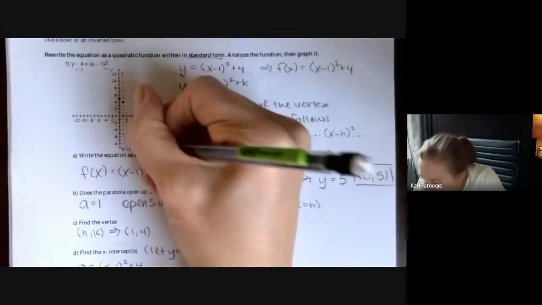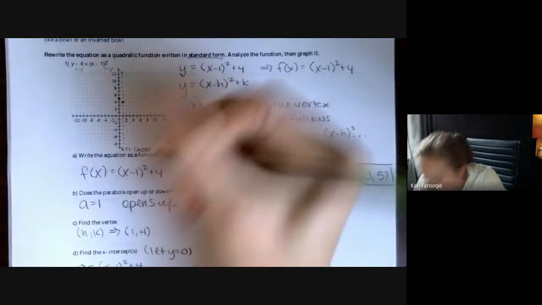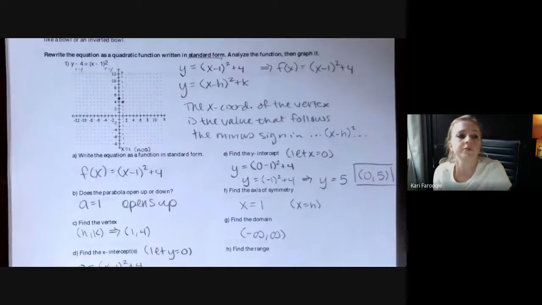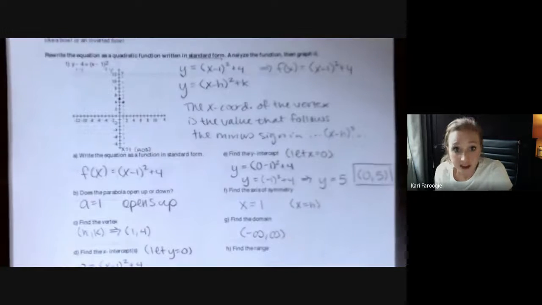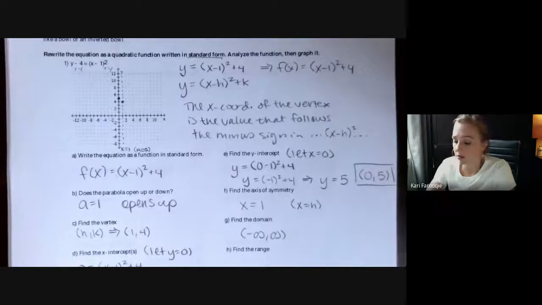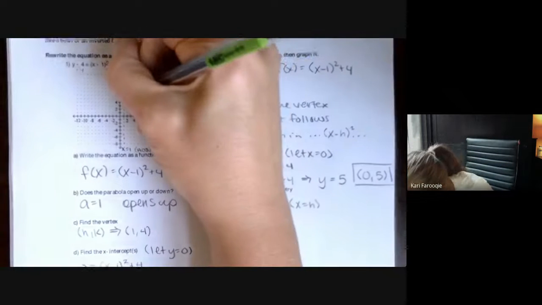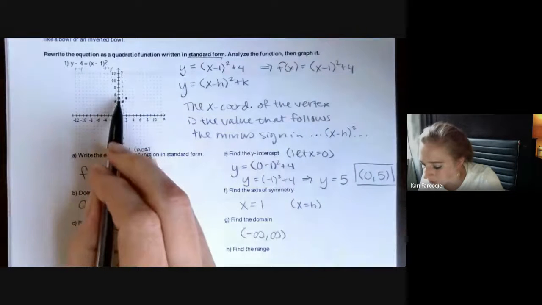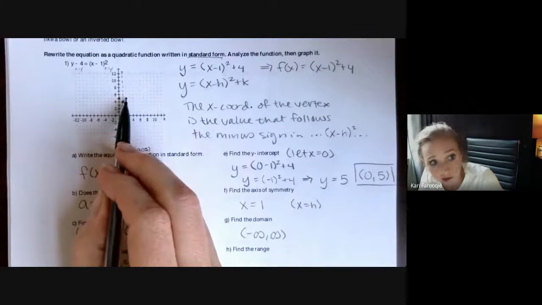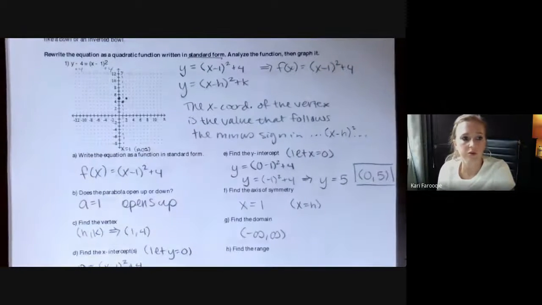And that's my axis of symmetry. I usually just call that AOS. Because I have that axis of symmetry, I can mirror my function over to the other side. So I had a point at (0, 5). Well, now I can say I have a point that's reflected over that line, not at (0, 5), but at (2, 5), because my parabola has to be symmetric about that line.